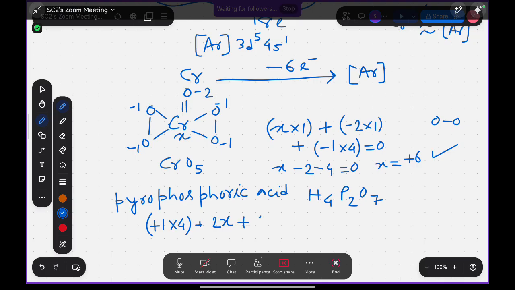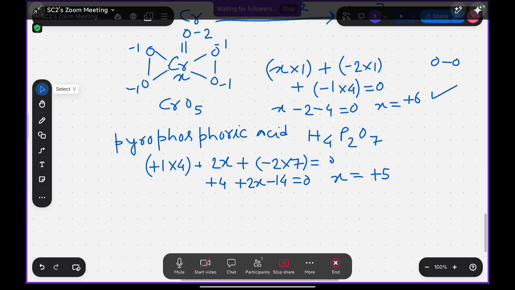Plus oxygen minus 2 into 7. Let's start with minus 2 consideration. If it is within the limit, then it is okay. Otherwise, we have to go for the peroxo, is equal to 0. So it is plus 4 plus 2x minus 14 is equal to 0. So x comes to be plus 5, which is possible.